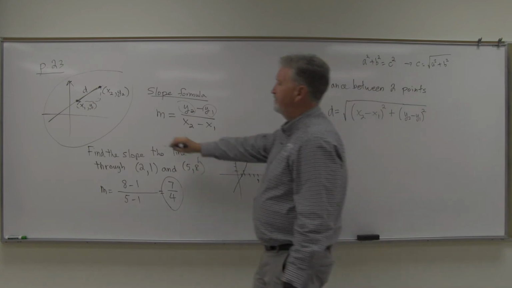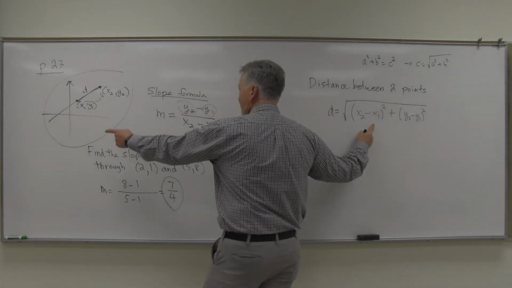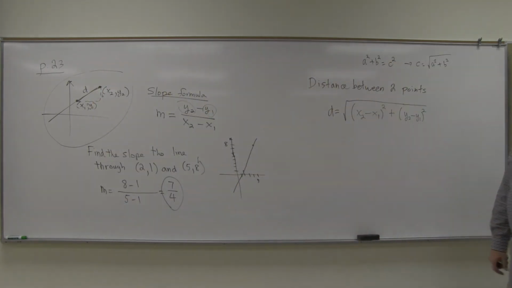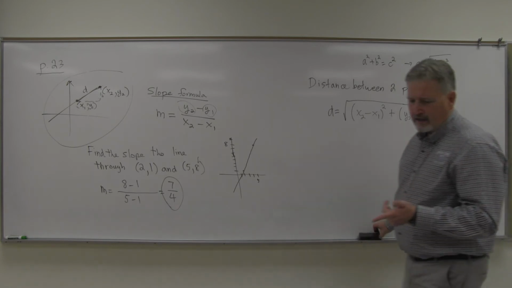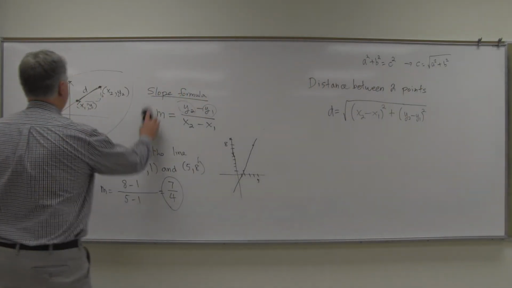That's kind of your A and B. So the A is x2 minus x1, the B is y2 minus y1. But anyway, this is the formula, okay? And so you can use those to find that distance. So let's go ahead and do the example, middle of the page on 23 there.